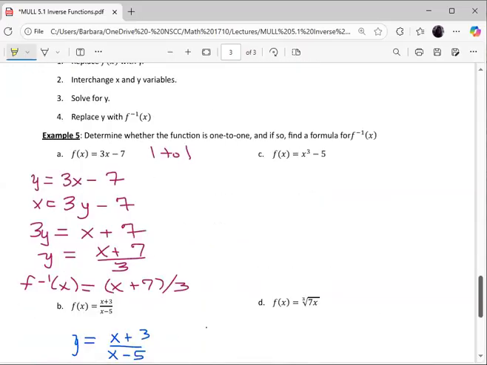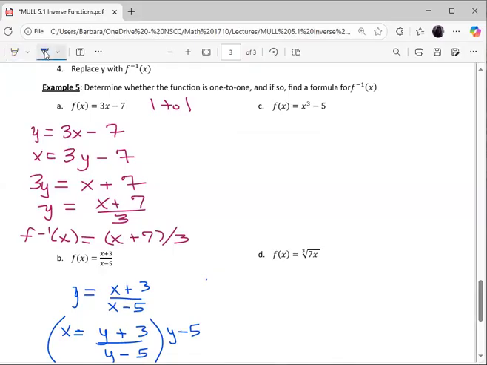In the next problem, we have f of x equals x cubed minus 5. So we replace f of x with y, switch variables, solve for y by adding 5 to both sides.